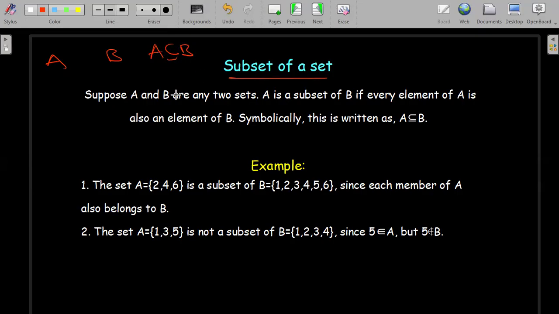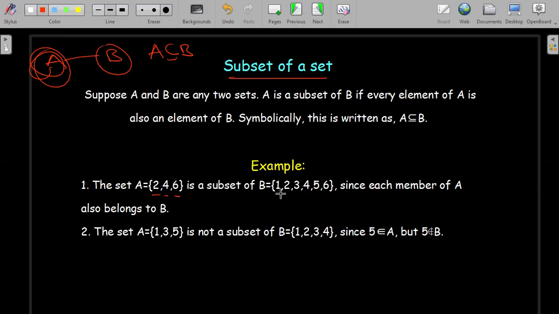If every element of A is in B, if every element that is in here is also in here, then we say that A is a subset of B. In short, if A is contained in B, then A is a subset of B. So example here, we have set A has 2, 4, 6.